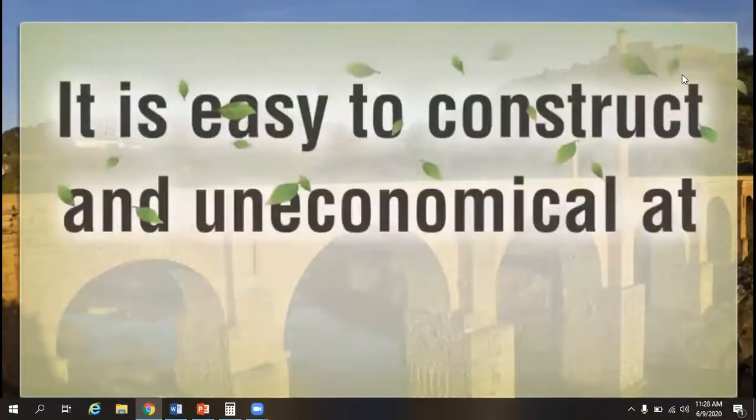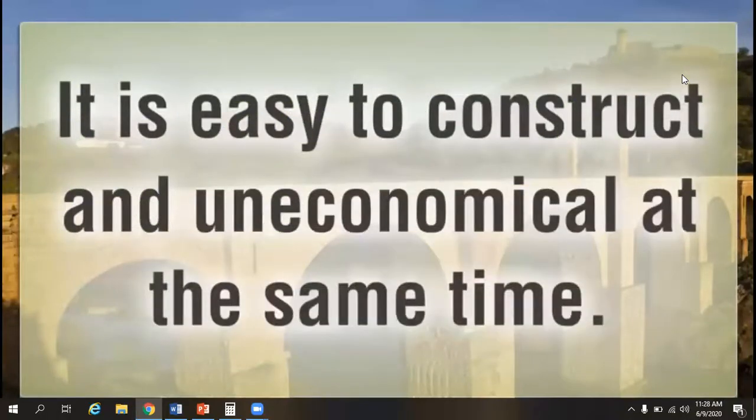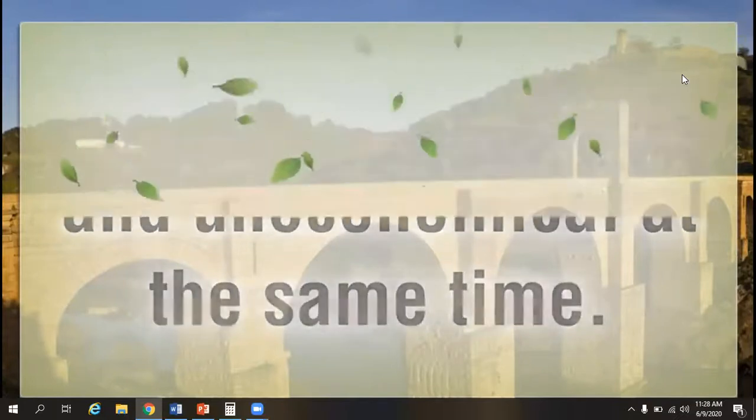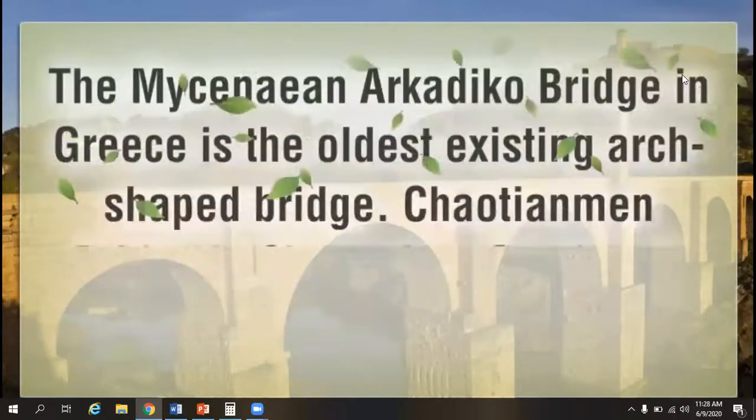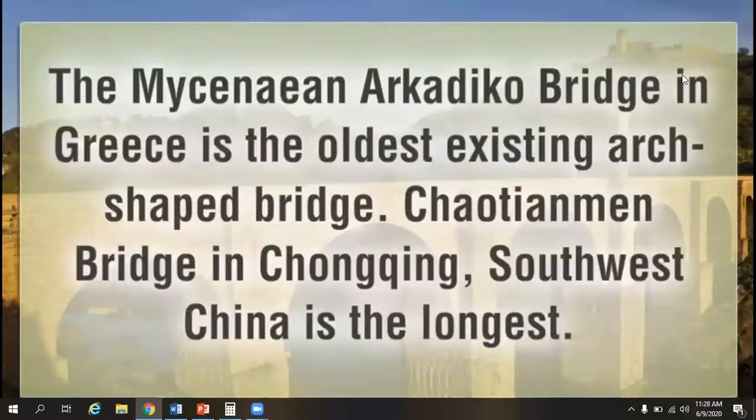It is easy to construct and uneconomical at the same time. So today, other economical options are used instead of the arch bridge. The Arkadiko Bridge in Greece is the oldest existing arch-shaped bridge, and the bridge in Chongqing, southwest China is the longest arch bridge in the world. It is 1741 meters in length.